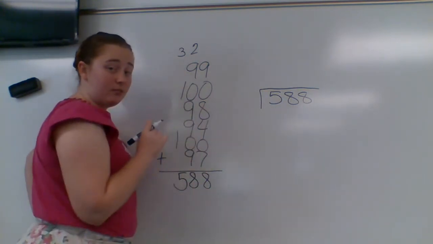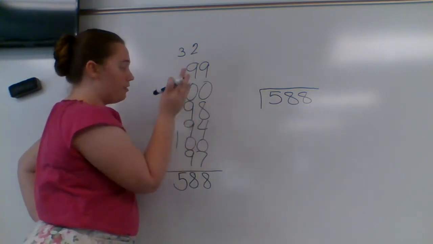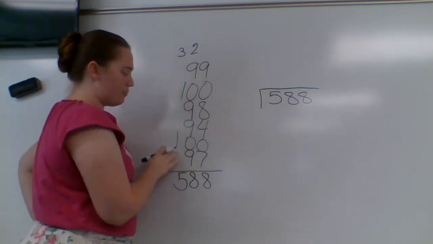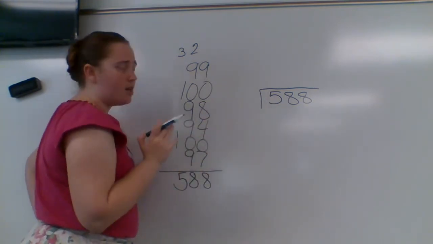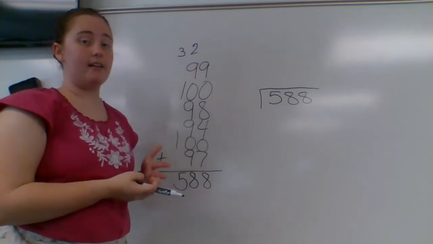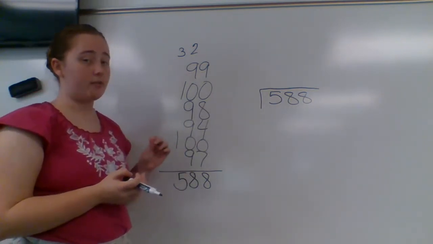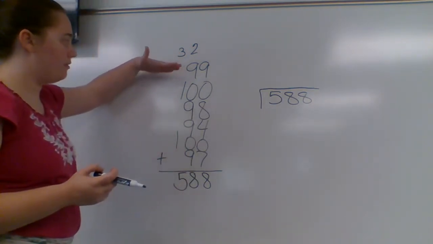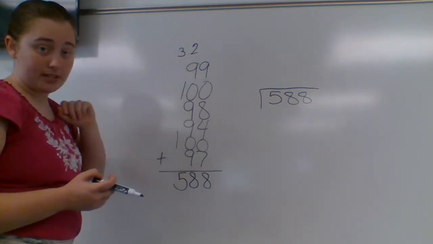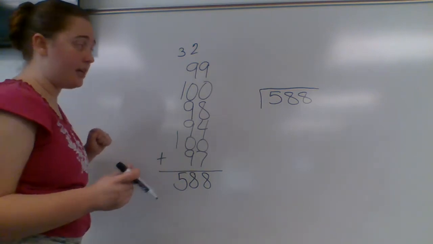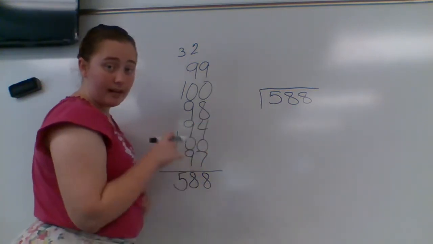Divided by 99? No. 100? No. None of these numbers are going to be used for a division. So what number are we going to use to divide? Here's what we can do. Count these numbers. 1, 2, 3, 4, 5, 6 numbers that got added together. And that's going to be the number that we divide by.